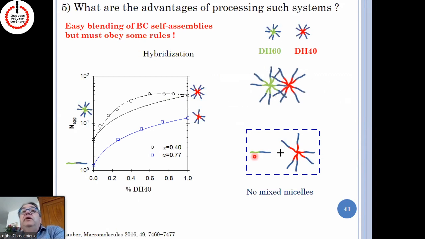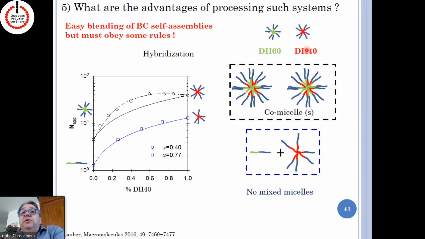But now, if you mixed both polymers, the first one is now aggregated because you have decreased the ionization degree of this polymer. You can see that it's possible here to obtain mixed micelles between the polymer DH40 and the polymer DH60. And how can you see that you have mixed micelles?